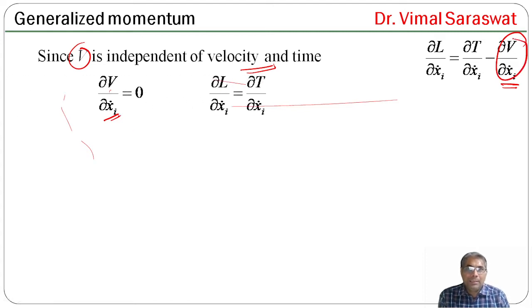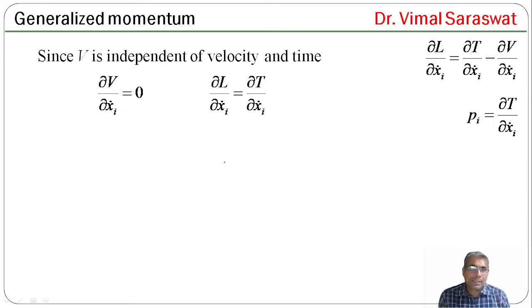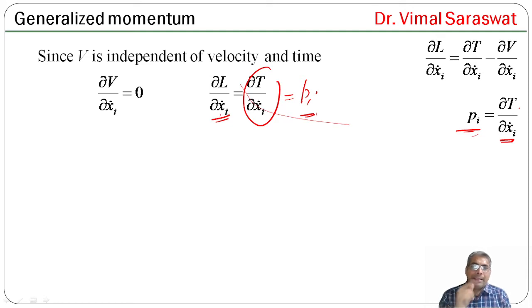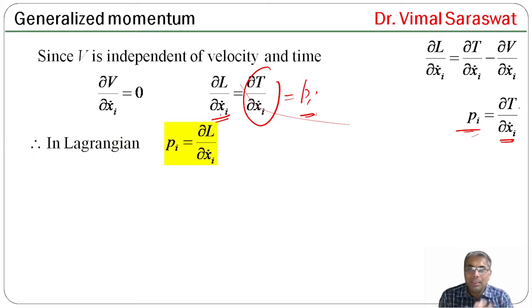It means del L upon del xi dot will be equal to del T upon del xi dot. Since Newtonian momentum pi is equal to del T upon del xi dot, it means pi is equal to del L upon del xi dot. Therefore, in Lagrangian mechanics, pi is equal to del L upon del xi dot.